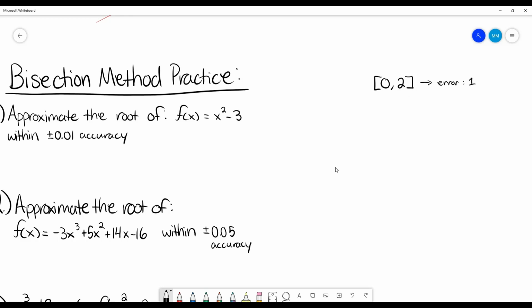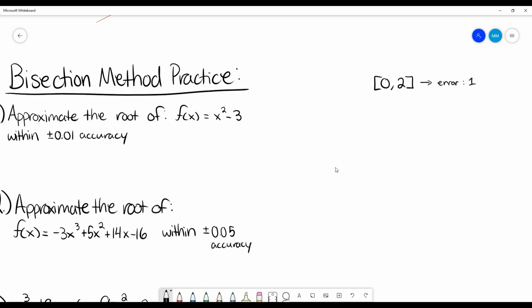And the reason we do this is because we don't know that cutting it in half is going to get us to our 0, because functions are interesting like that. Our root could be really close to x equals 0, or really close to x equals 2, or smack dab in the middle. We don't know. So our maximum error, the farthest away from wrong we can be, is 1.